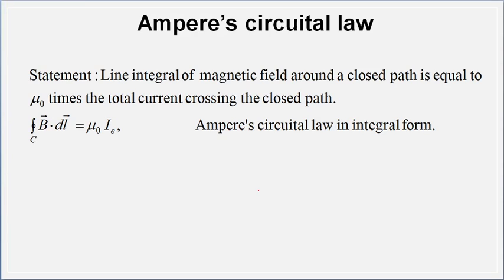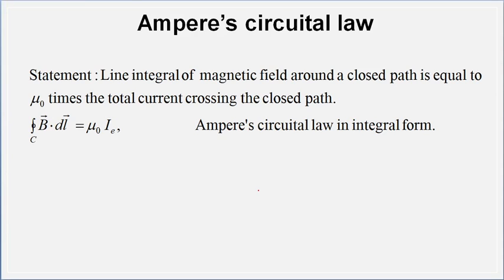And then from Coulomb's law, which was used to find out electric field, we started with what is called Gauss's law. Now, Coulomb's law in electrostatics is similar to Biot-Savart's law in magnetism.